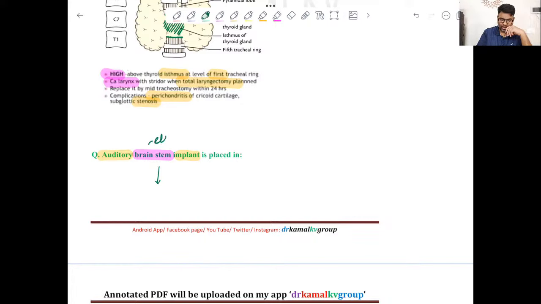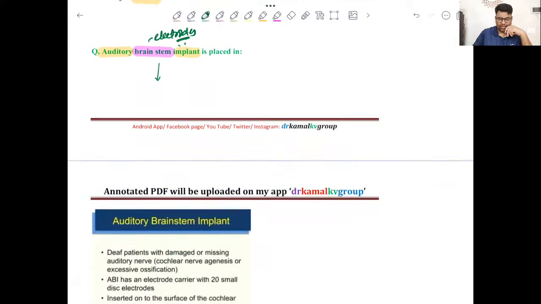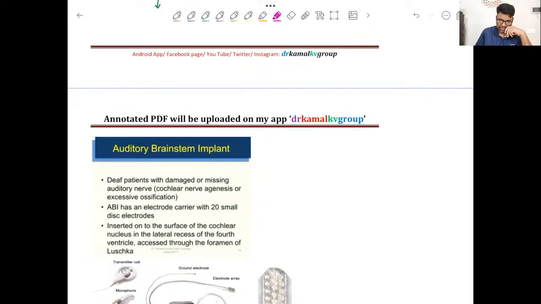It's actually about the electrodes, where these electrodes are kept. This is especially done if there is agenesis of the 8th nerve, if there is damage or a missing 8th nerve, right? So this is especially done in those cases.